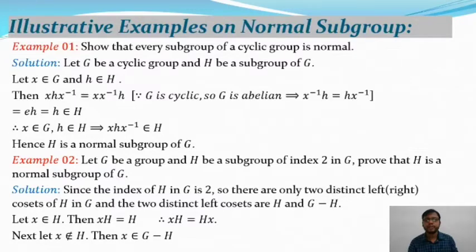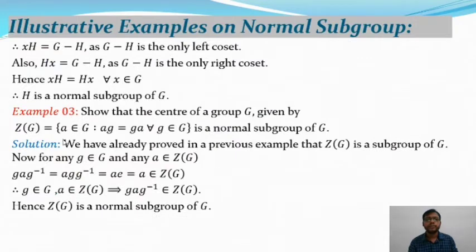So now let x belong to H, and then x H equals H, as well as H x equals H. Then from this we get x H equals H x. And next, let x not belong to H, that means x does not belong to H, then x belongs to G minus H, where G minus H is distinct from H. So therefore x H equals G minus H, as G minus H is the only other left coset, as well as H x equals G minus H, where G minus H is the only other right coset.